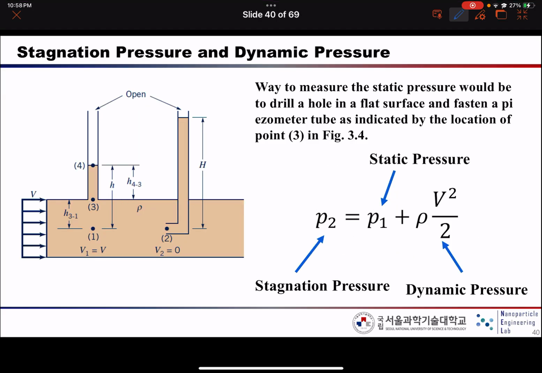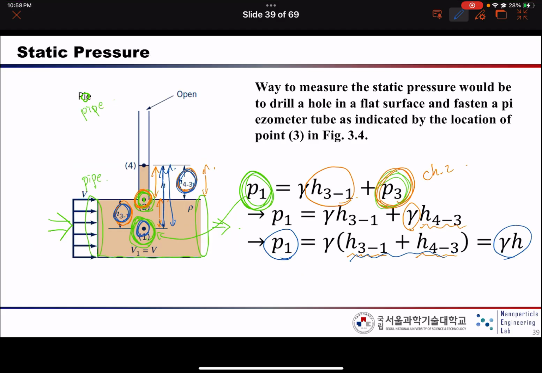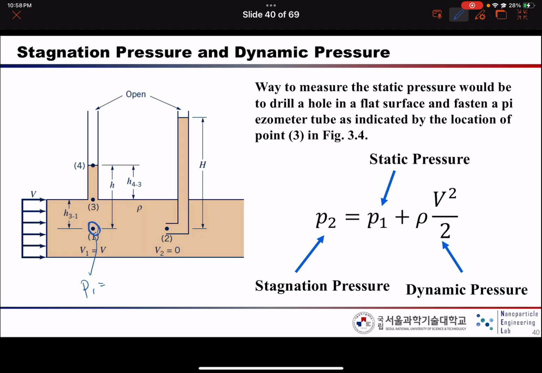And here we are going to talk about another pressure. It is called the stagnation pressure, and the dynamic pressure. Here, as you can see, P1 we know how to calculate from the previous page. This represents gamma H, this height.